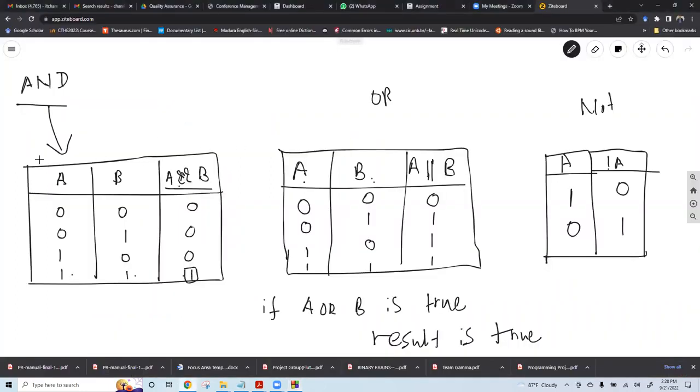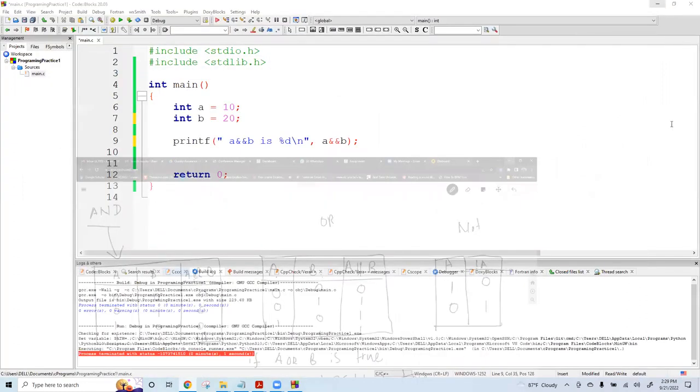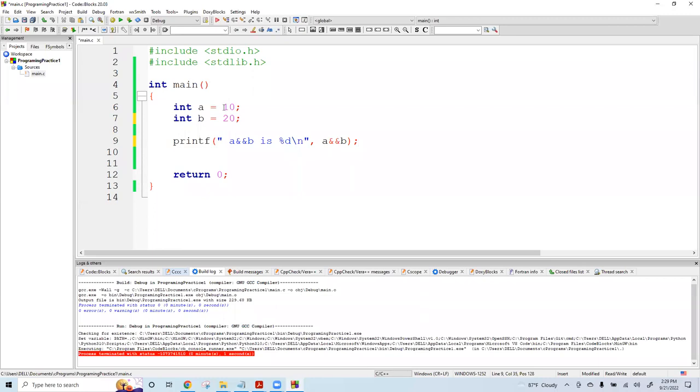So in this table, I gave you: if A is 0, B is 0, A and B is 0. But here there are no zeros or ones. A is 10, B is 20. So what would be the result here? Can anyone guess?